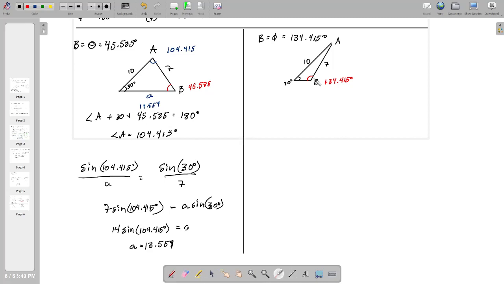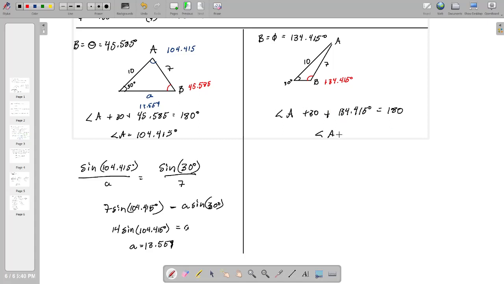Now, we just have a different angle B. So, again, angle A plus 30 plus 134.415 is going to equal 180. Now here is where we would know if we actually have a single solution or two solutions. If angle A turns out to be a negative angle, then you only have a single solution. And we'll get to that in a second. We'll do an example like that. But in this case, it doesn't.